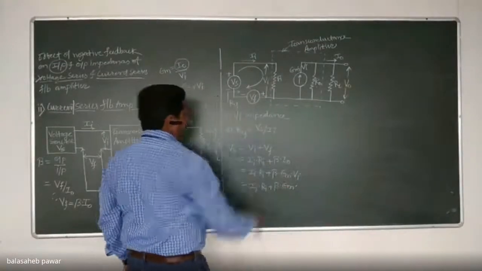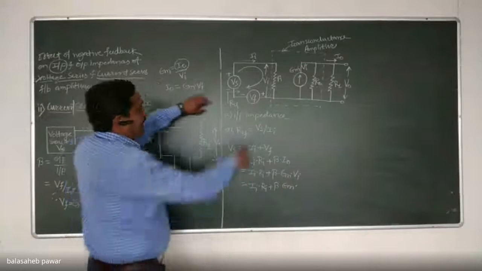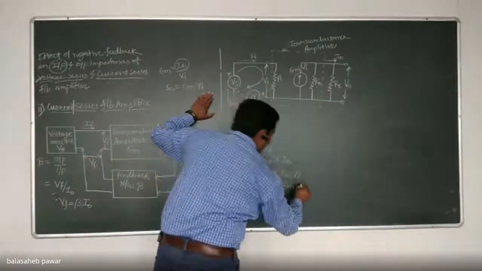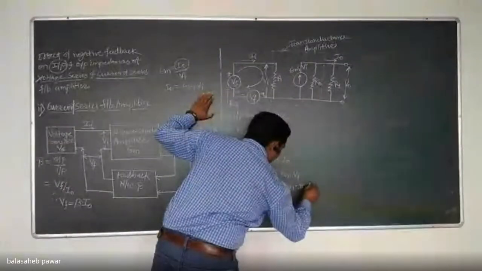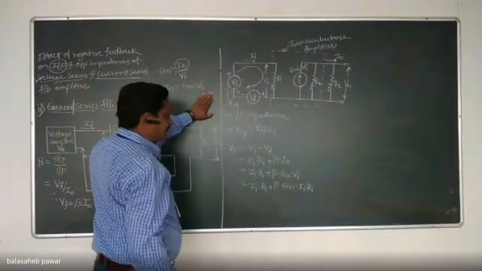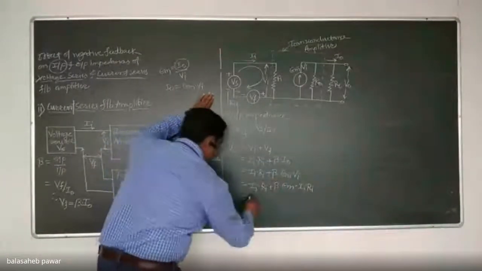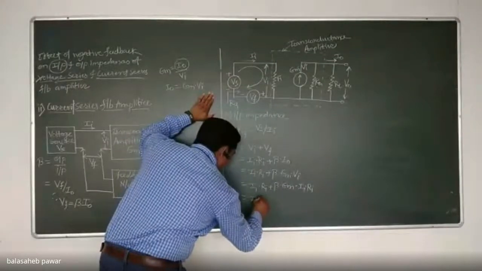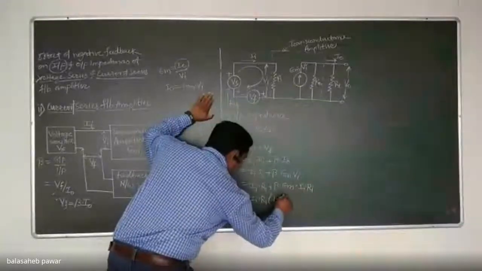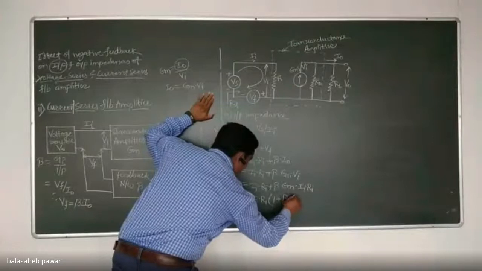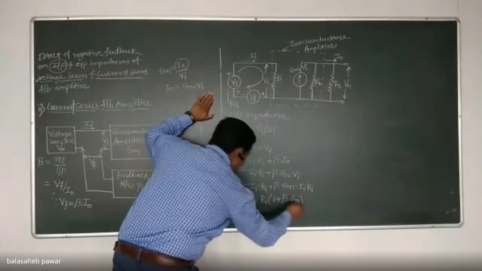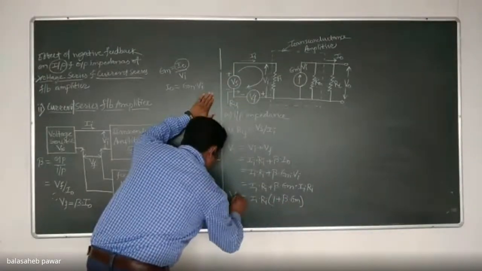VI is nothing but II into Ri, right? II into Ri. Take that II into Ri common so that you will have II into Ri in bracket 1 plus beta times GM. This is nothing but VS. Correct?